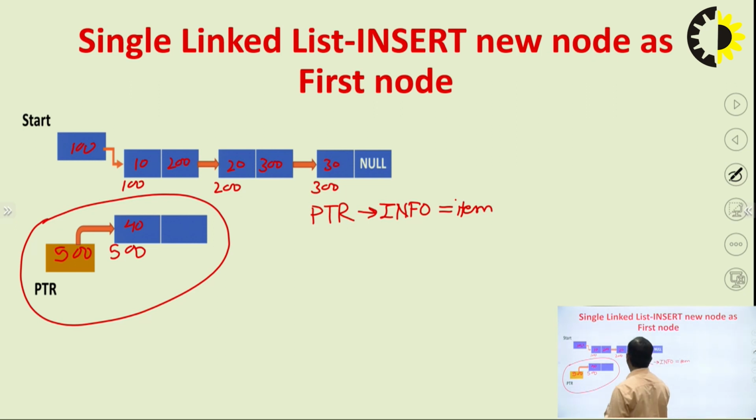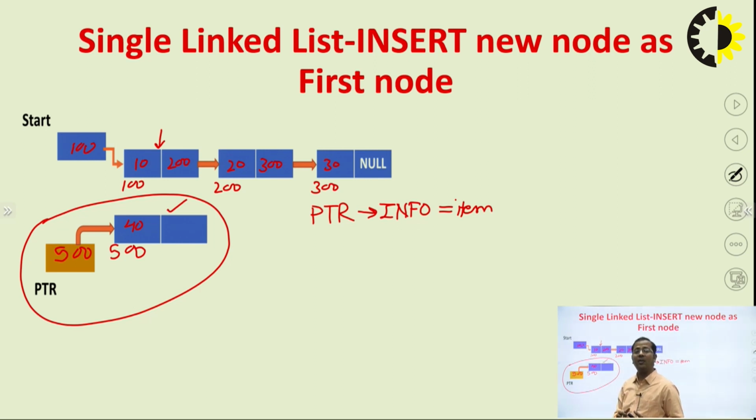Now mark where we have to change the address field in the node and in the linked list. So this node will be added as a first node, so the address field of the newly allocated node will be changed. Currently this node is the first node, but whenever we insert the new node as a first node, this node will become the second node.